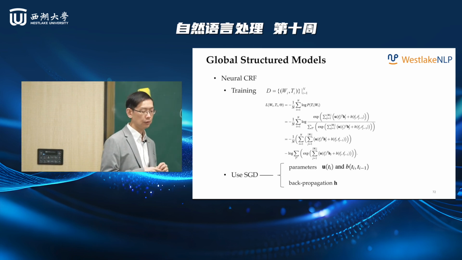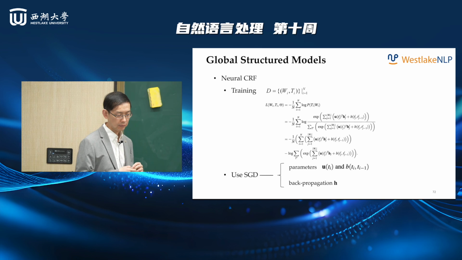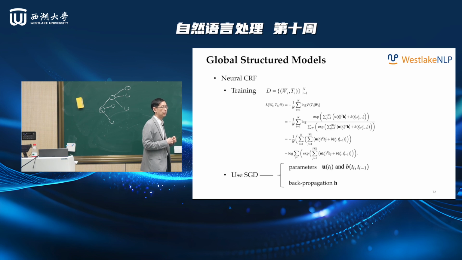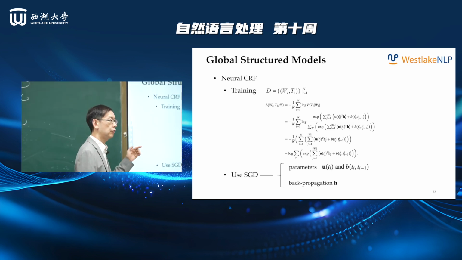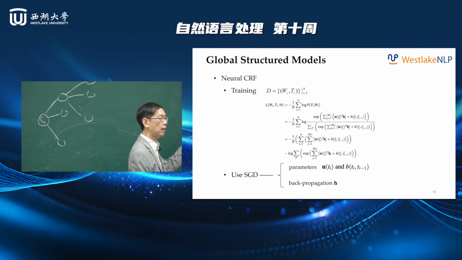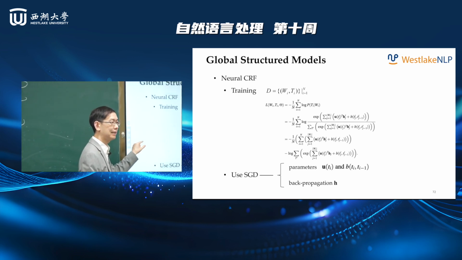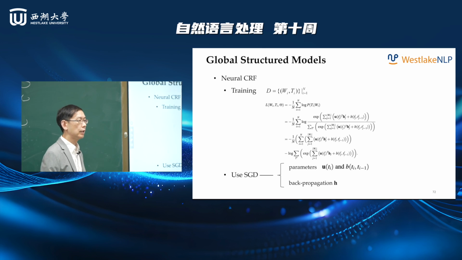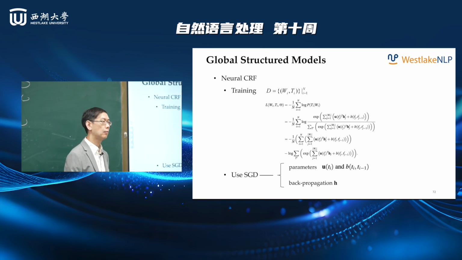But if you carefully look at the CRF formulation, only H, U, and B are in the CRF equation. But you say H is calculated from X, the word embeddings. Don't worry. If we take the CRF as a neural network layer, we can apply the thinking of backpropagation, right? So in this neural layer, who are parameters?